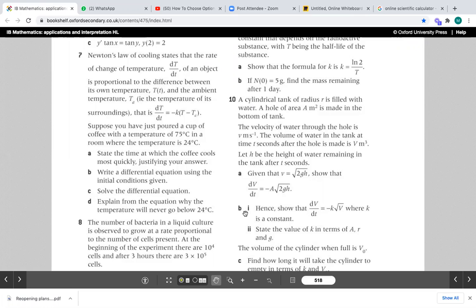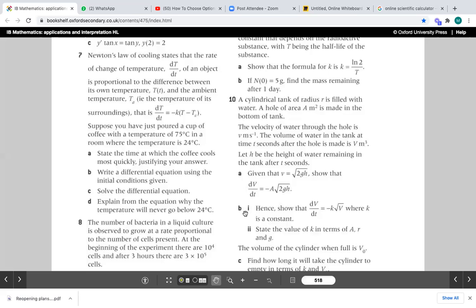The question here is, they are asking you to state the time at which the coffee cools most quickly. How will you say this?